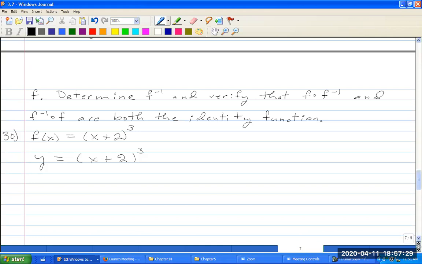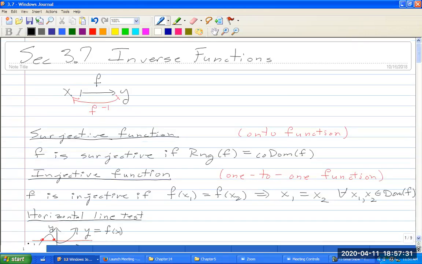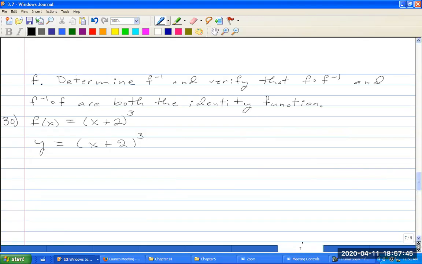This is problem 7. So I just interchange the roles of x and y here. So f here mapped x to y. Now this inverse maps y to x. So if I can figure out the rule, that will give me the inverse function. So let's replace y by x and x by y.